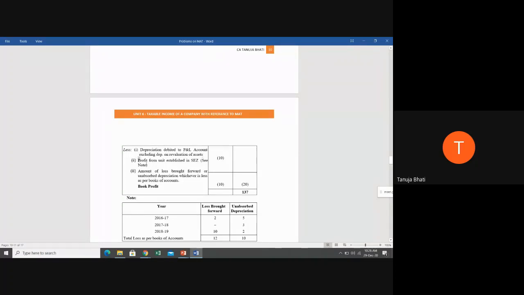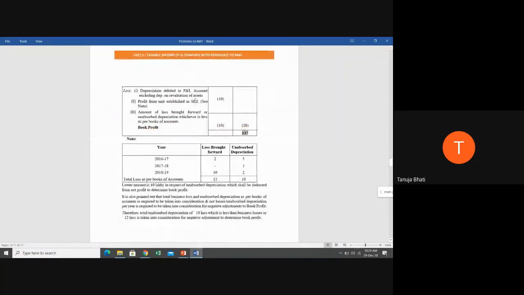Profits from the units established in SEZ, you are not going to consider anything, therefore it is nil. Next, amount of loss brought forward or unabsorbed depreciation, whichever is less as per the books of accounts. 10 lakhs is less, therefore 10 lakhs, and therefore the book profit you get is 137.